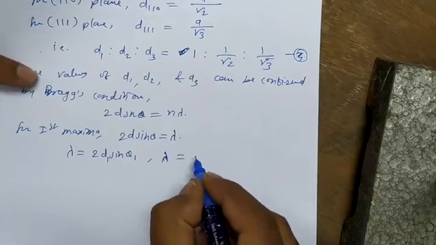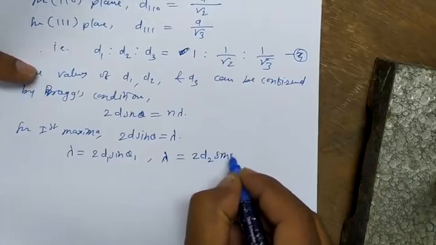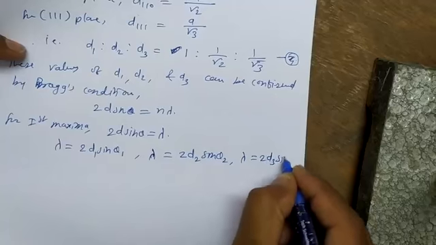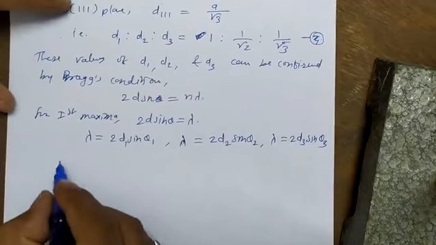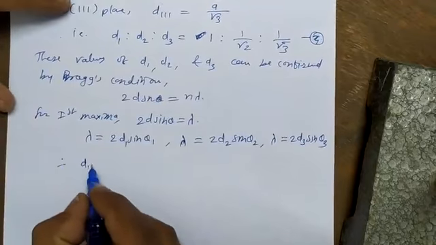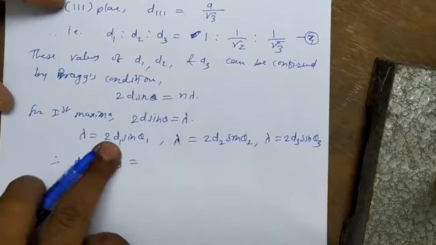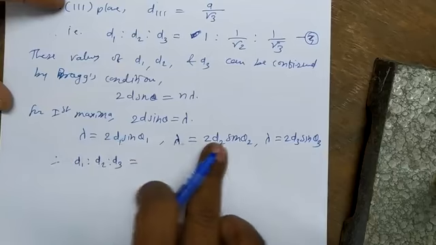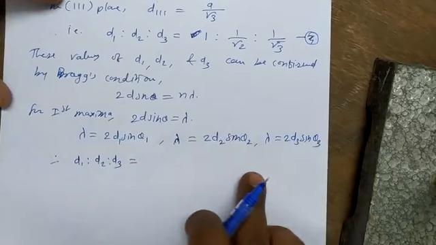Therefore, for the other planes we get lambda equal to 2 d2 sin theta 2 and lambda equal to 2 d3 sin theta 3. Then d1 equals lambda upon 2 sin theta 1, d2 equals lambda upon 2 sin theta 2, and d3 equals lambda upon 2 sin theta 3.